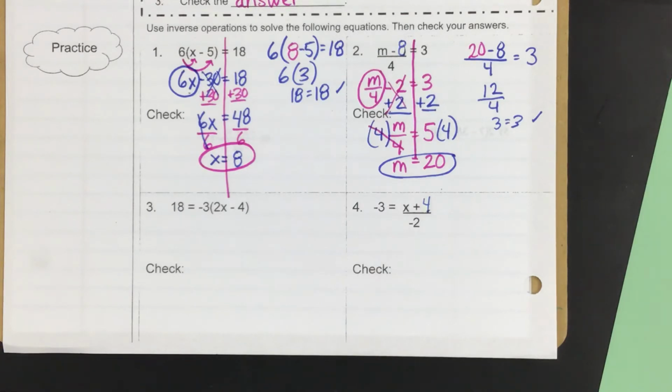We don't have a variable on this side, so this one's already good at 8. And now we have... so right now we're going to ignore that. How do I make this a 0?